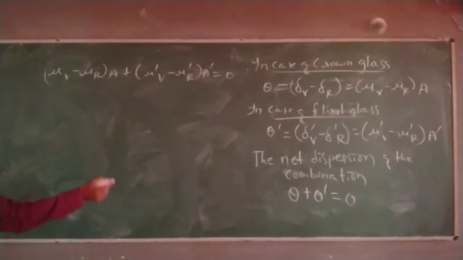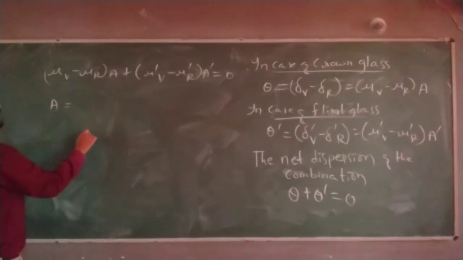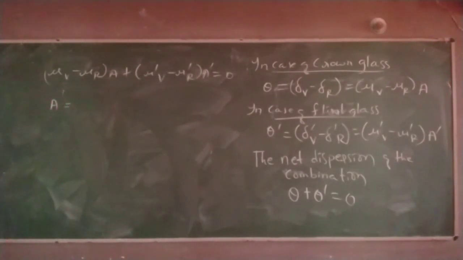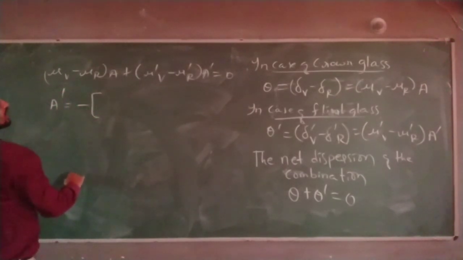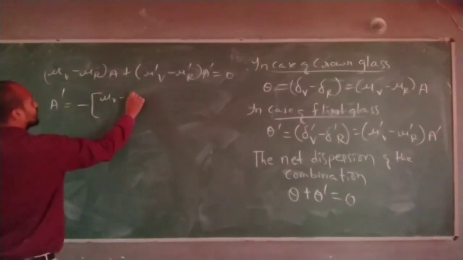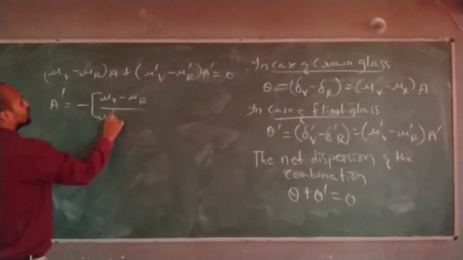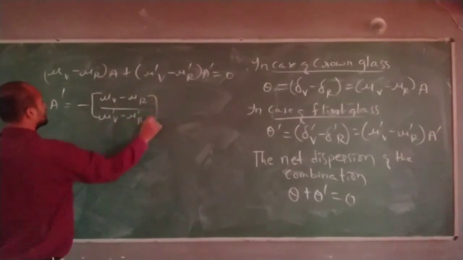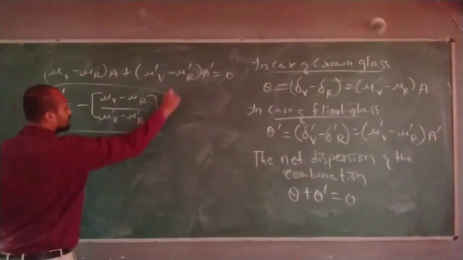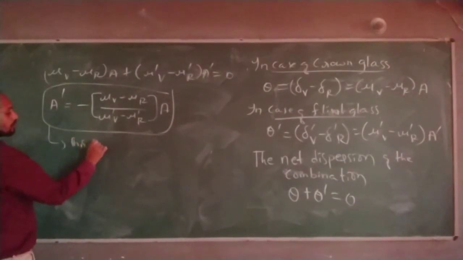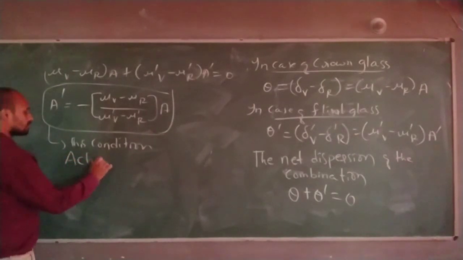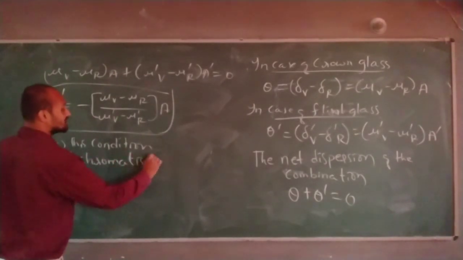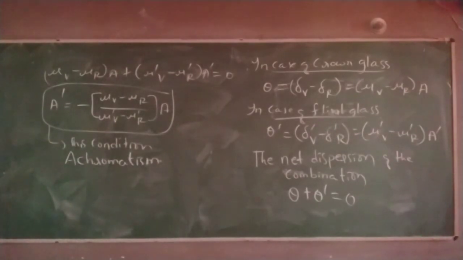Let us find a dash. A dash is equal to minus of mu v minus mu r divided by mu dash v minus mu dash r into a. This condition I call achromatism.